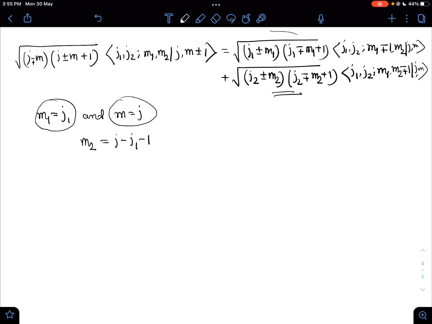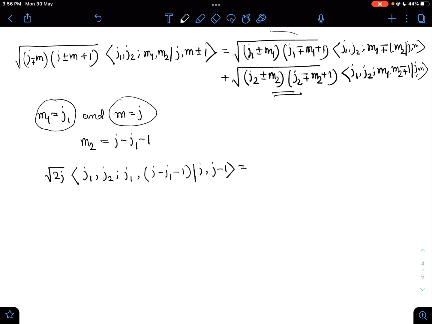If we replace this, we have root under 2J times ⟨J1, J2, J1, J − J1 | J, J⟩ on the left, where M2 value is J − J1, and here we have J − 1.